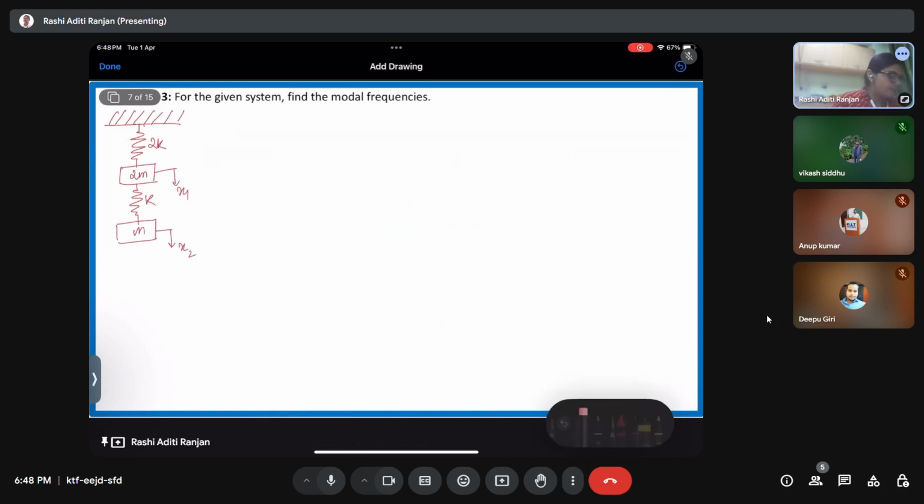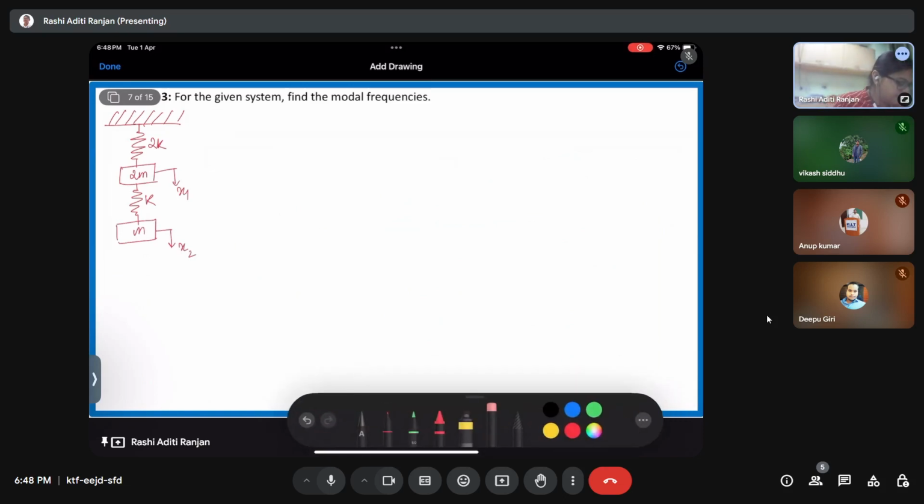So this is the system. Okay. Now I have to find the modal frequencies. So the question is, what is a modal frequency? Why is it even required?